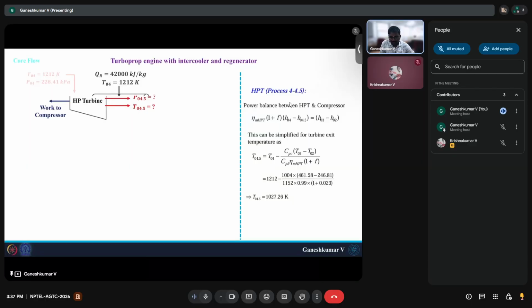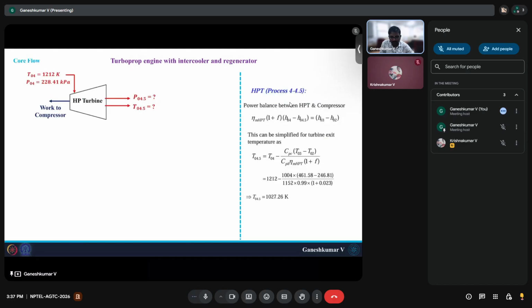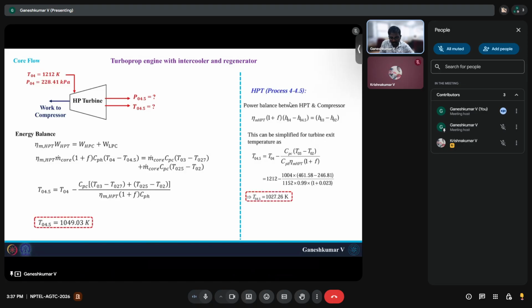Since we know pressure and temperature at the exit of the combustor, we can solve the HP turbine equations to find the pressure and temperature at the exit of the HP turbine. For that we do an energy balance, and you end up having T05, which is 1049.03 Kelvin. You expect the temperature at the exit of the HP turbine to be higher than what we solved before.